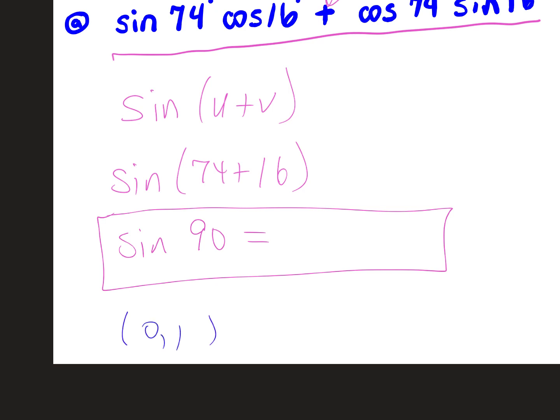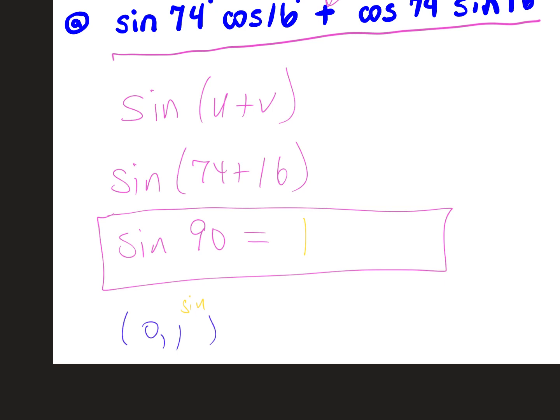Good. And sine is what value? The y. So what is the sine of 90? It's 1. That's it. You're just matching what they give you to the formulas, and then you're writing it as one single trig function. You're smushing it together, and it'll always end up on the unit circle.